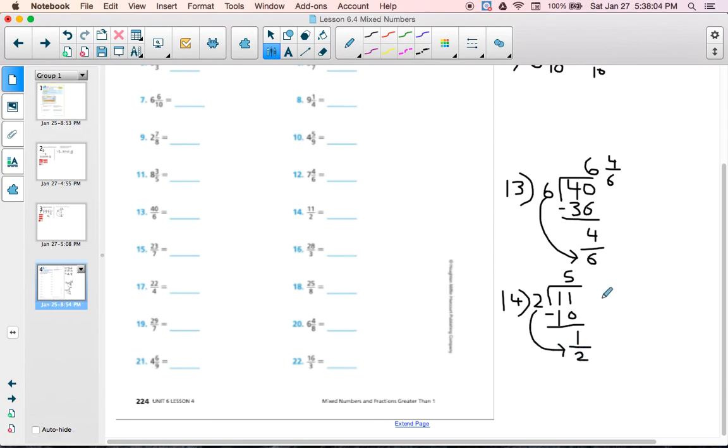The answer is 5 1/2. So why don't you go ahead and do problems 15, 16, 17, 18, 19. Be careful, 20 and 21 are done like the problems up above, and then 22 is done like this. Okay?